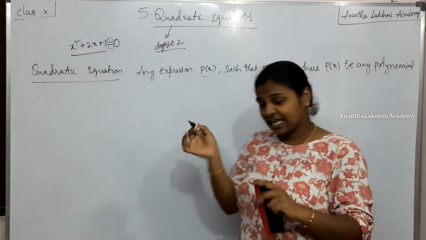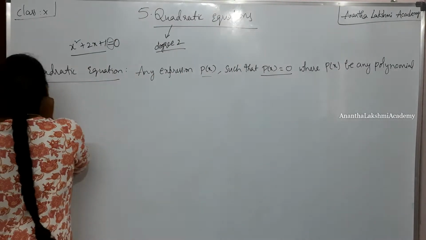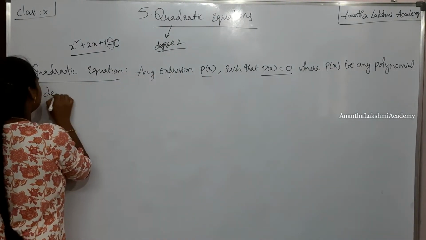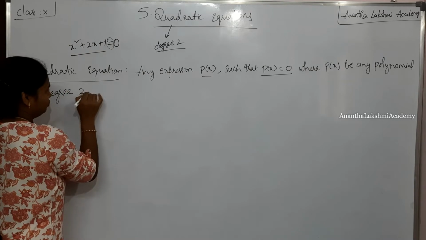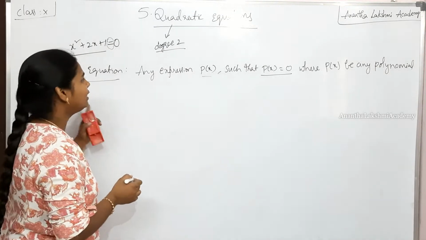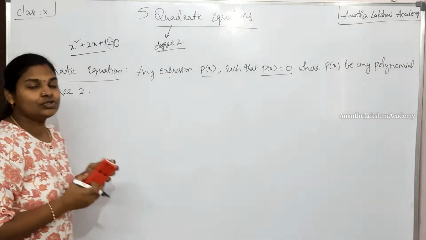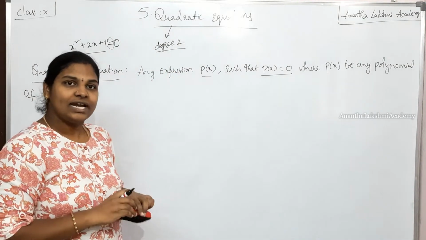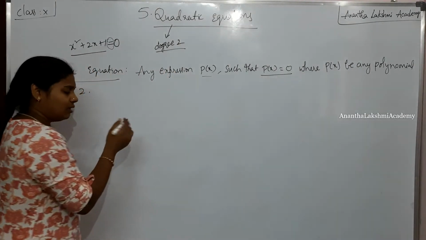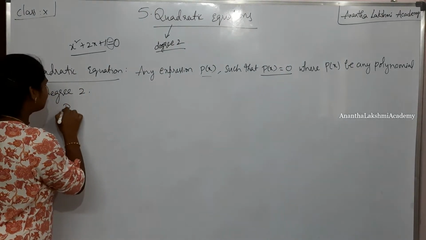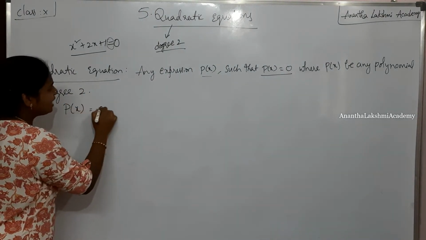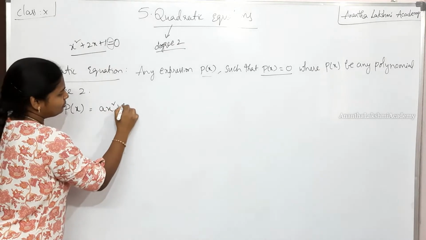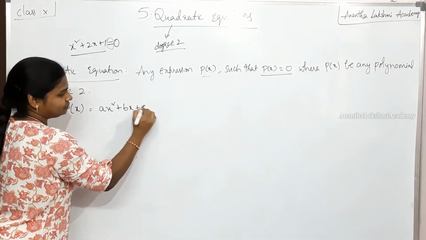P of x is any polynomial of degree 2. All right. How should that p of x be? We said p of x be any polynomial of degree 2. So how can p of x be written? P of x can be written as ax square plus bx plus c.